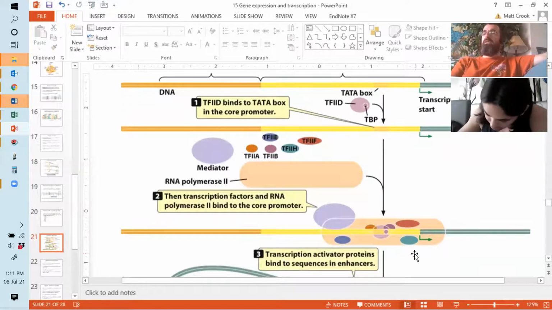So if there are no transcriptional activator proteins present, you may get some transcription from that basal transcription apparatus being there. Yeah, sometimes it just does. However, it's not going to be very effective.